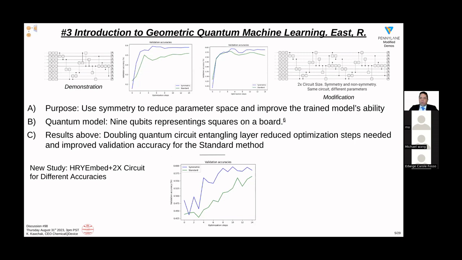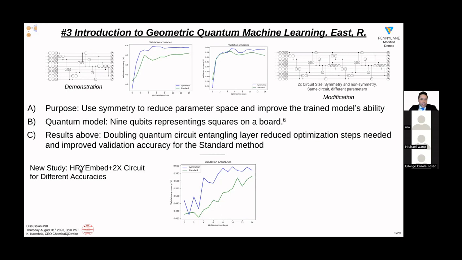So this next one was a bit different. I doubled this circuit size, and the standard went up a lot earlier here. What happened here is the symmetric at certain points was benefiting from it.